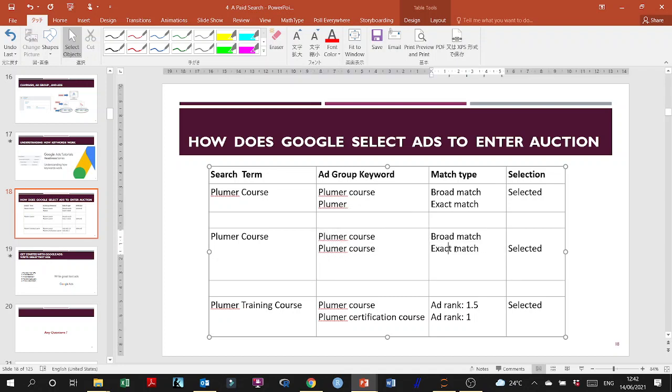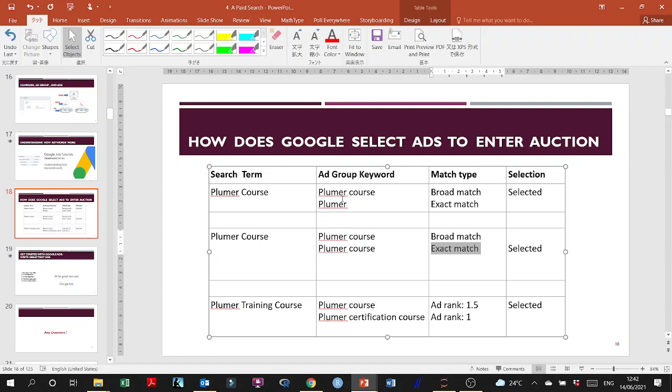You just need plumber course as an exact match if you think that what you're offering is a course, and maybe have a broad match on plumber training or plumber certification. Then you will win more distinct keywords in this case.